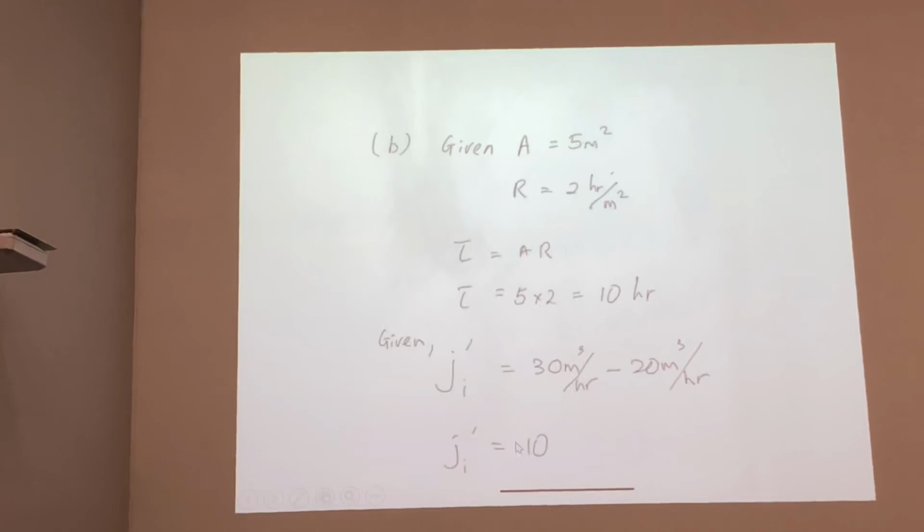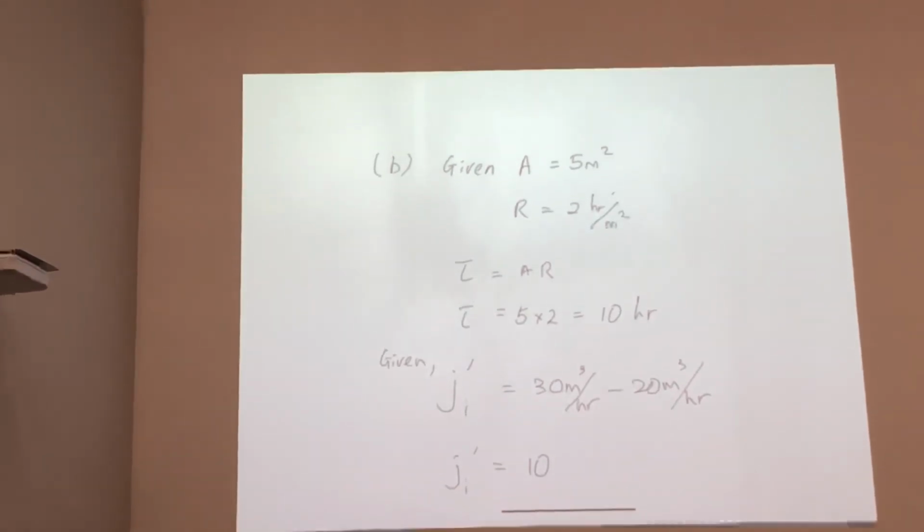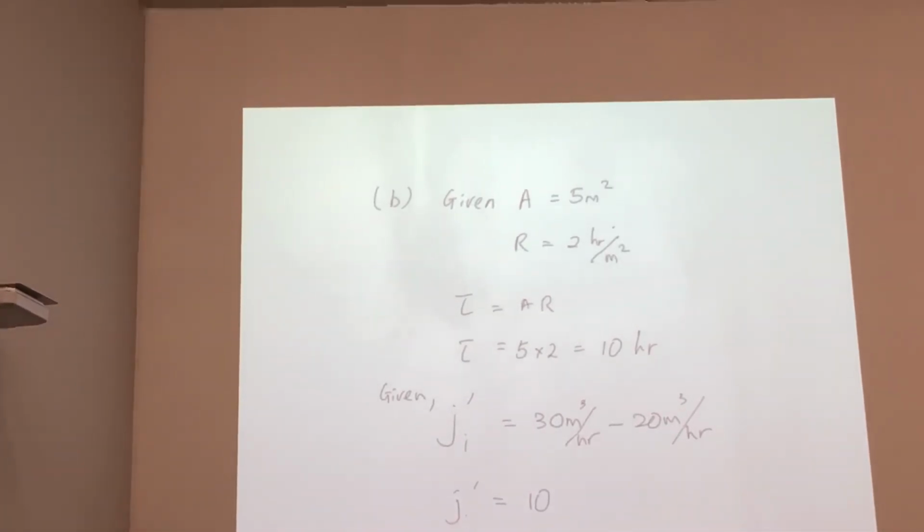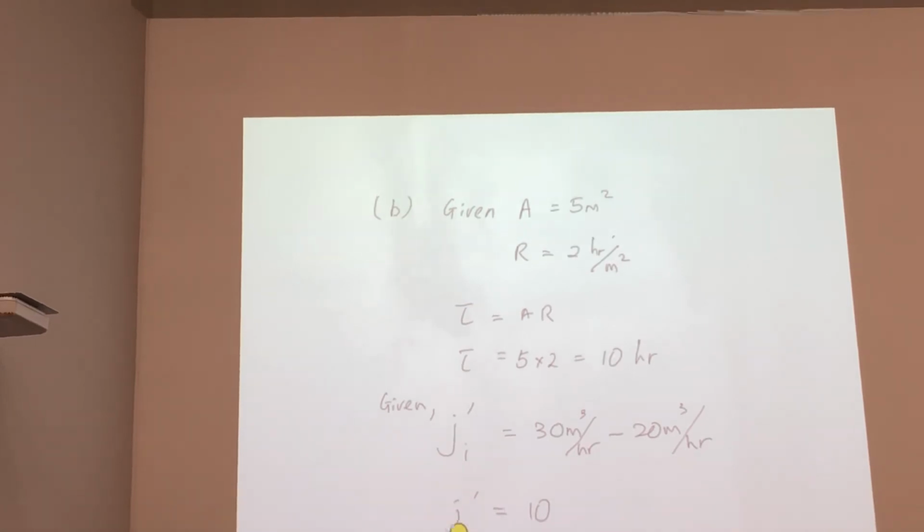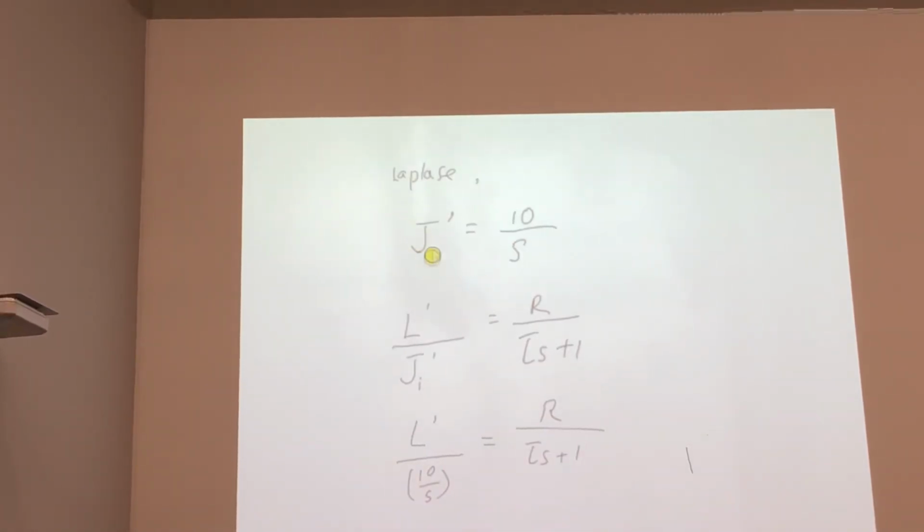So your input, you need to transform. So when you Laplace it, Fi prime becomes capital Fi prime. Laplace of 10 becomes 10 divided by s. Okay? This is what I need to substitute inside here.